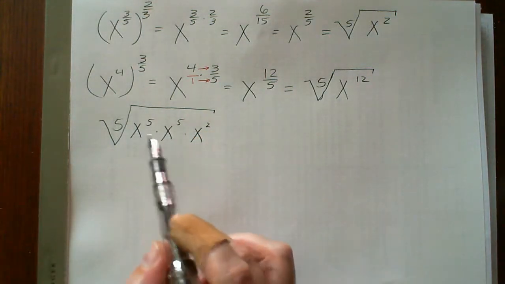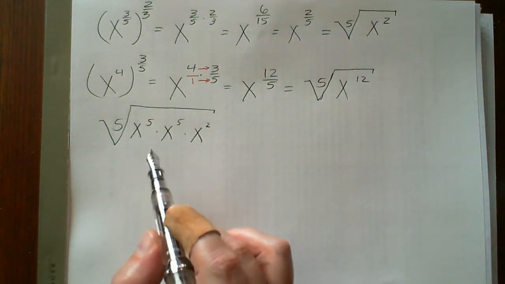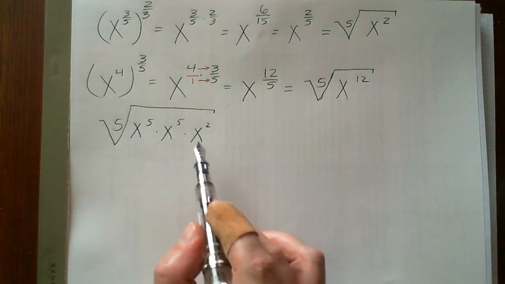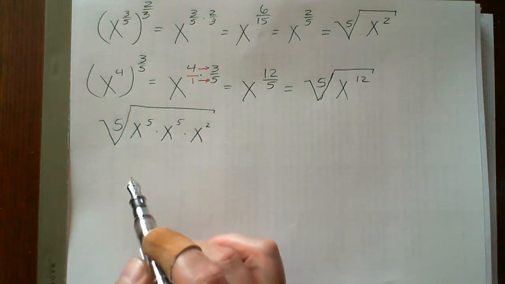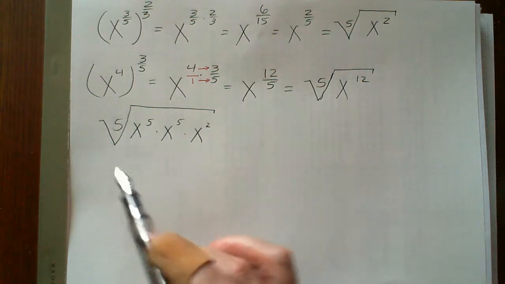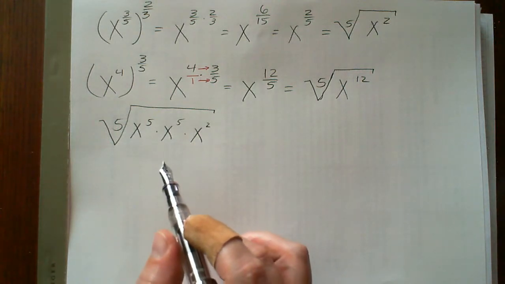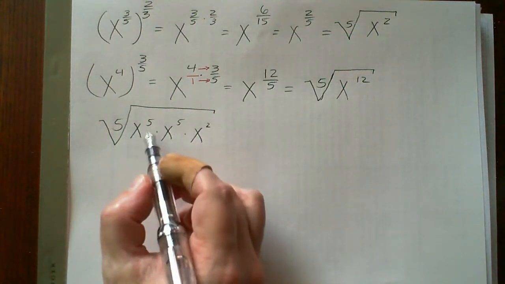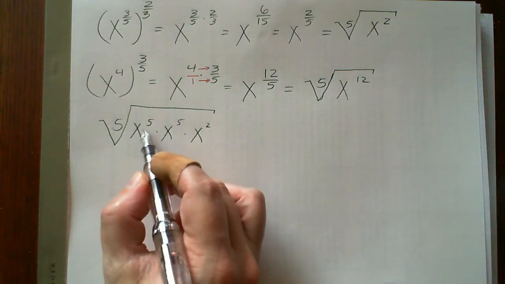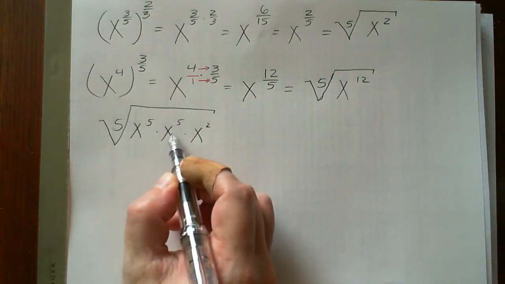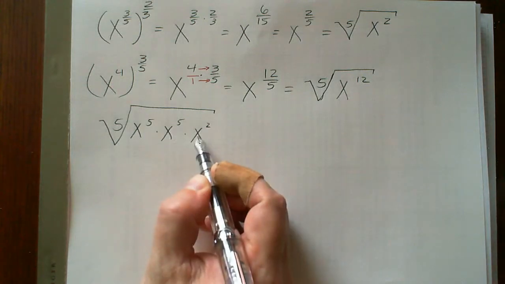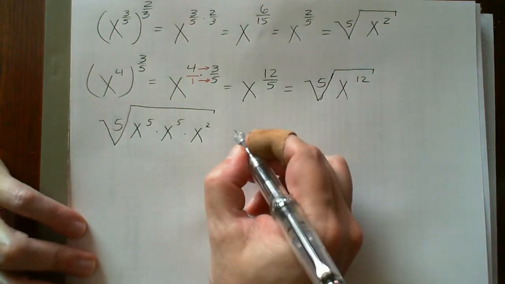When you get a little quicker with these, you'd probably just write it as x to the 10th times x squared. Or you get real quick at them, you'll just pull out what you need to pull out without even rewriting it. But I like to take that step to look, well, we have 5 x's here and 5 x's here, and then underneath the radical we'll have left an x squared.